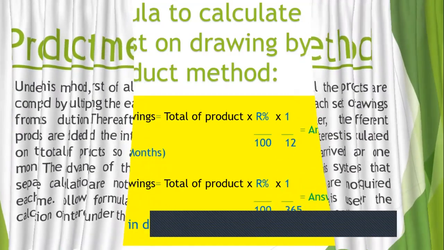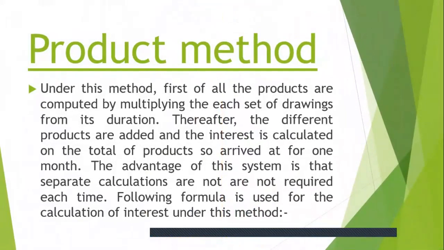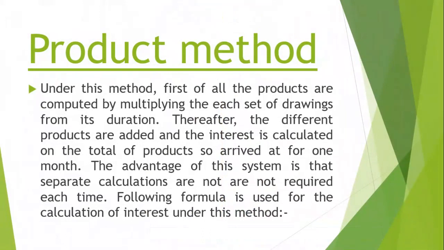Now see here the meaning of product method, how to calculate. So here it is saying under this method, first of all the products are computed by multiplying each set of drawings from its duration. Thereafter the different products are added and the interest is calculated on the total of product.